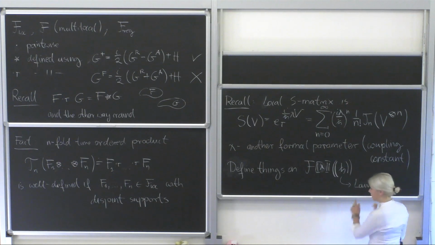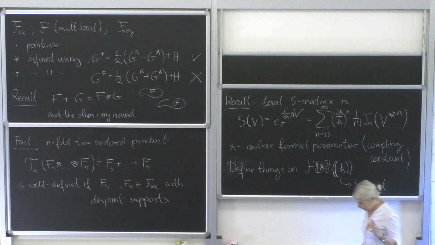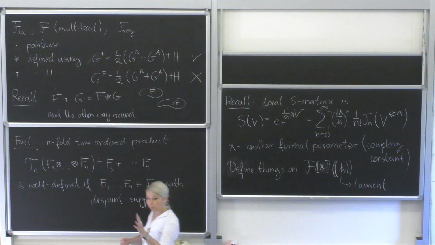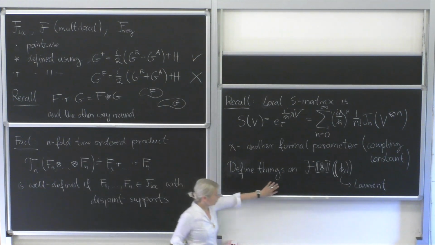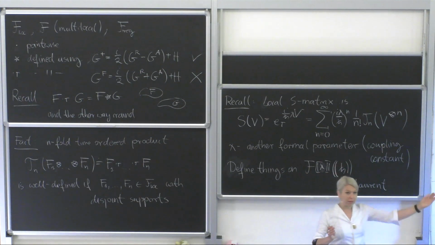If people don't know what that is, it just means that it's not a formal power series, because it can have negative powers of h bar, but only finitely many.